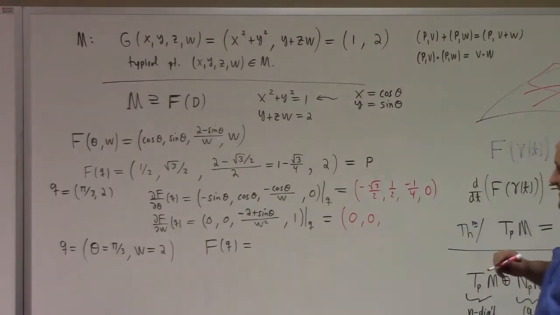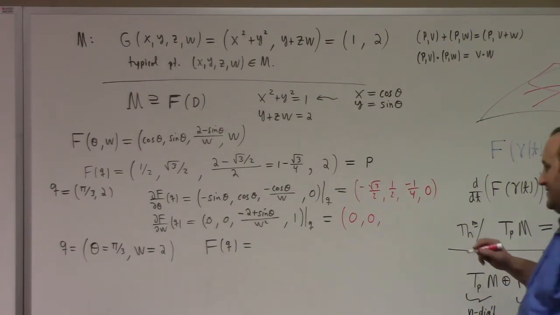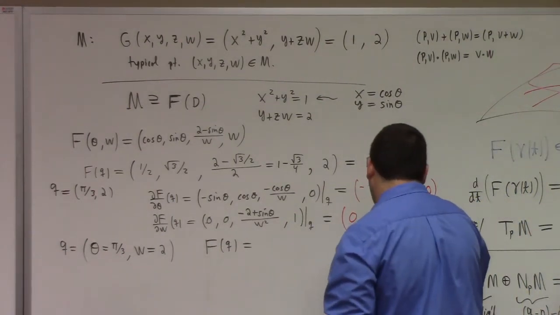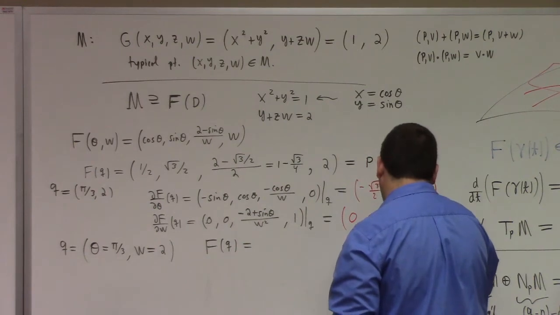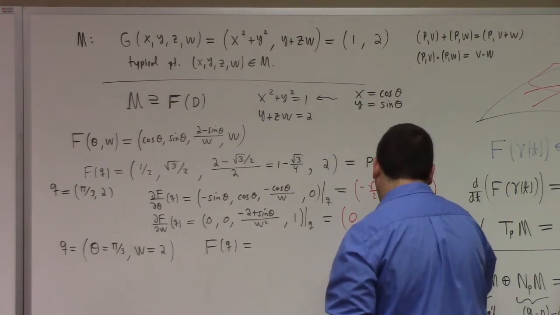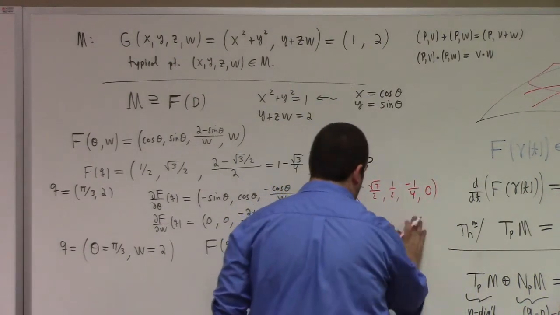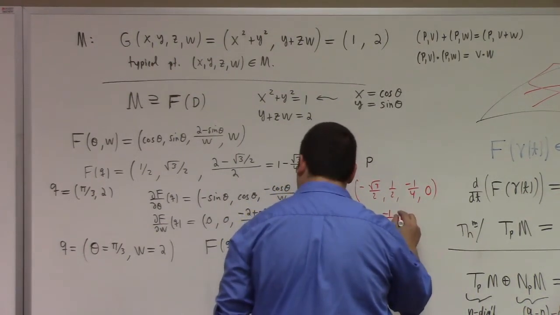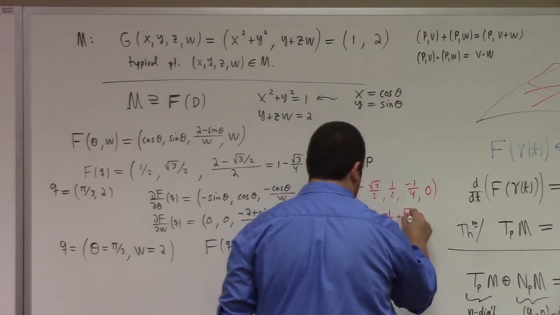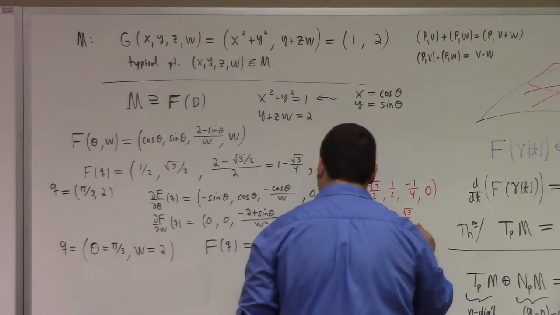So minus 1/2 plus root 3 over 8. Okay. And then 1.